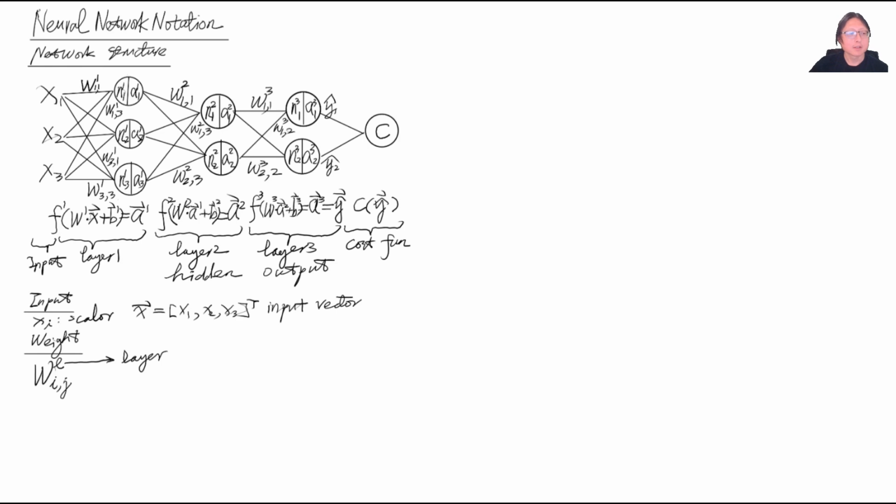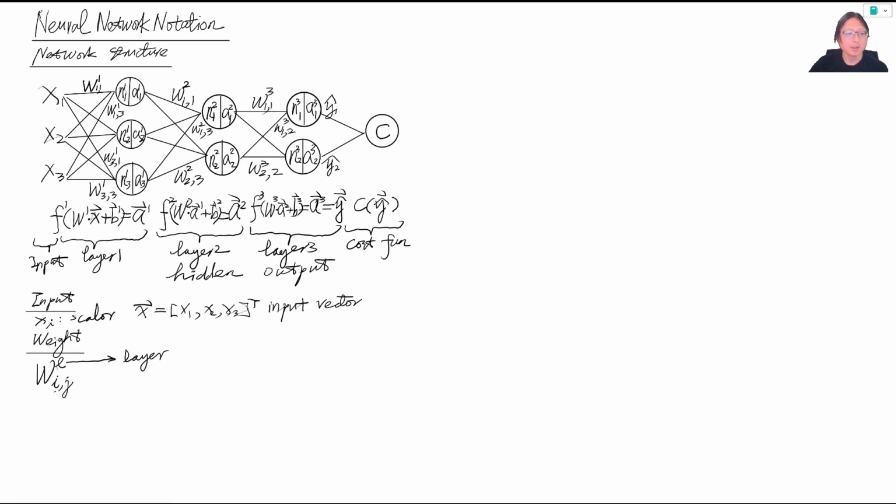We can explain these scripts. First, the superscript is simple. It's the layer. It doesn't mean power in the neural network model. Of course, when we talk about the transfer function, there could be a power there. But here, in any notation for the neural network model, the superscript is a layer. It's not a power. That's what I need to make clear.